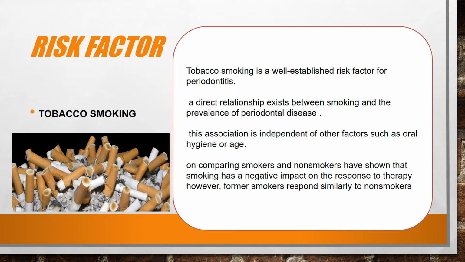It could affect the periodontium by increasing the habitat of pathogenic bacteria or by compromising the host immune response, both of which increase the susceptibility to periodontitis. Comparing smokers and non-smokers has shown that smoking has a negative impact on the response to therapy. However, former smokers respond similarly to non-smokers.